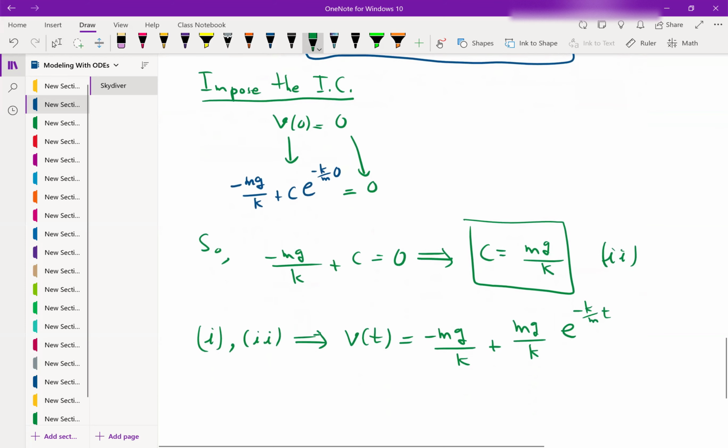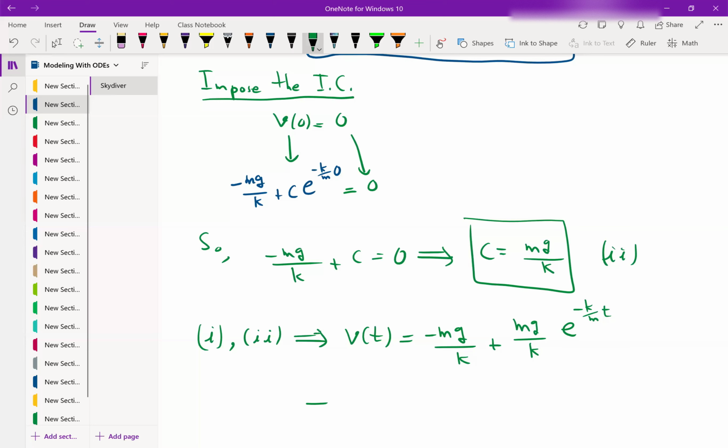If you like, you can factor out mg over k and write V of t equal to mg over k times negative 1 plus e to the power of negative k over m t.